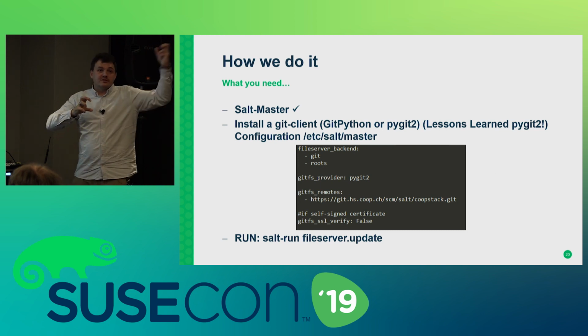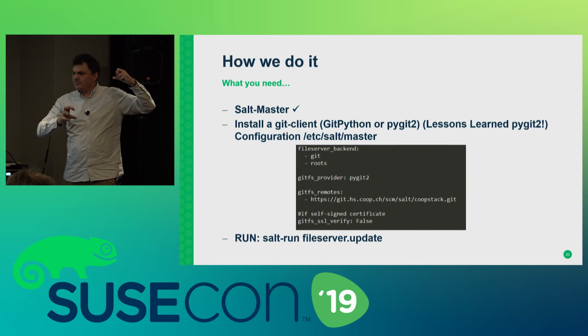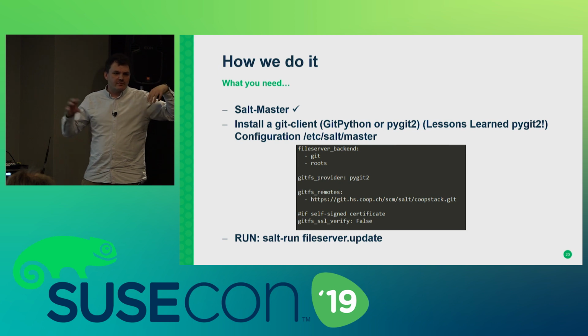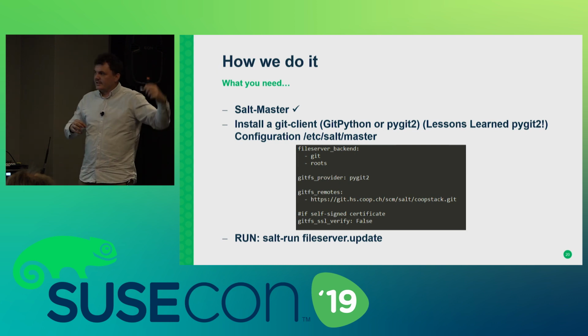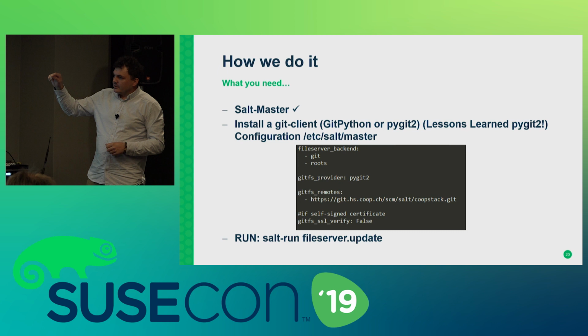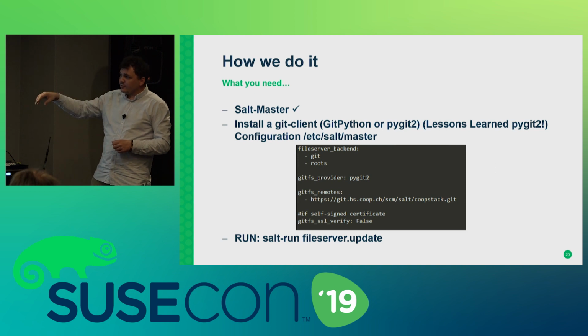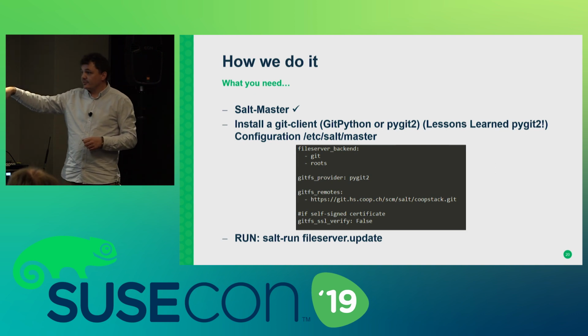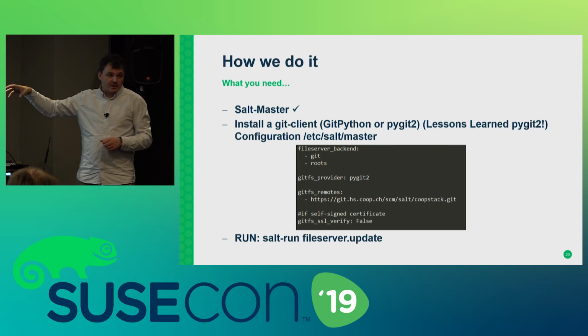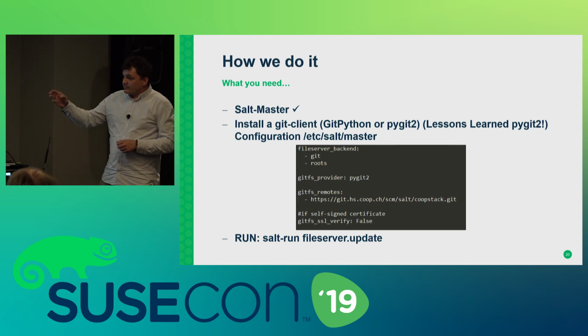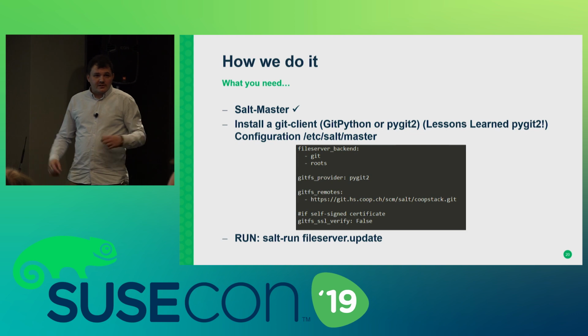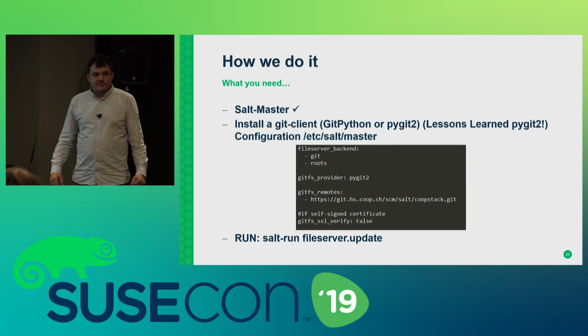This is going to pull the state files from Git for you, I think every minute. You can configure how often that is done. GitFS remotes is the URL to your Git. And if your Git has a self-signed certificate, you need to turn off the SSL verify option. Okay? And then you run salt-run fileserver.update, and you're all set.